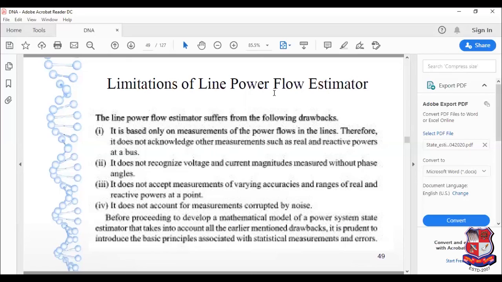Over here, noise is the biggest threat to this measurement. As we have already defined, noise is an unwanted disturbance which we have to encounter during measurement. So if it is corrupted by noise, then we have to take care of this. So these are the four limitations. They are very basic limitations.